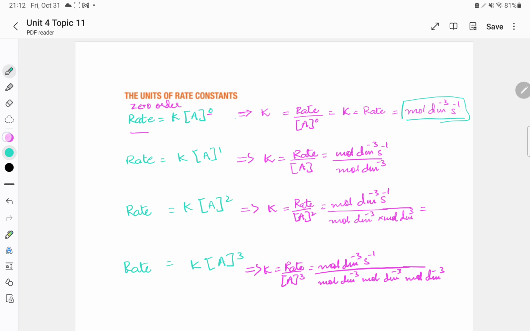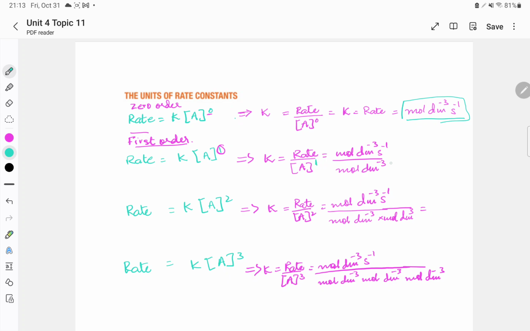Moving on to first order. For a first order reaction, the power is 1. So finding out the value of k is going to be rate upon concentration of reactant.